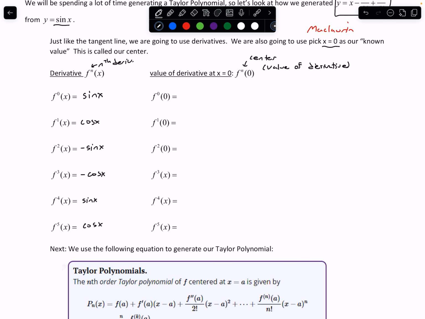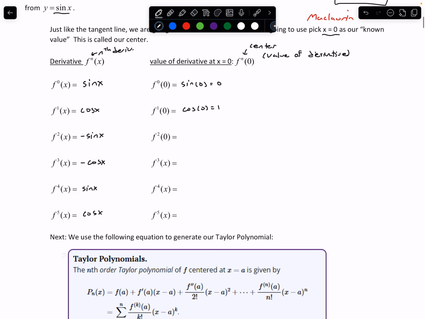All right, so let's find their values. The first one we're going to take a look at is the sine of 0. Well, that's just 0. The cosine of 0, that's 1. For the second derivative at 0, I get negative sine of 0, and that becomes 0.